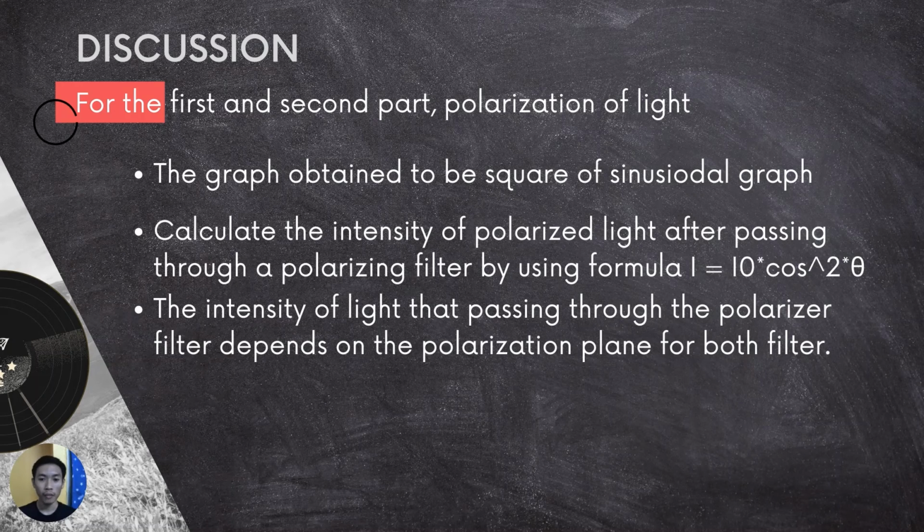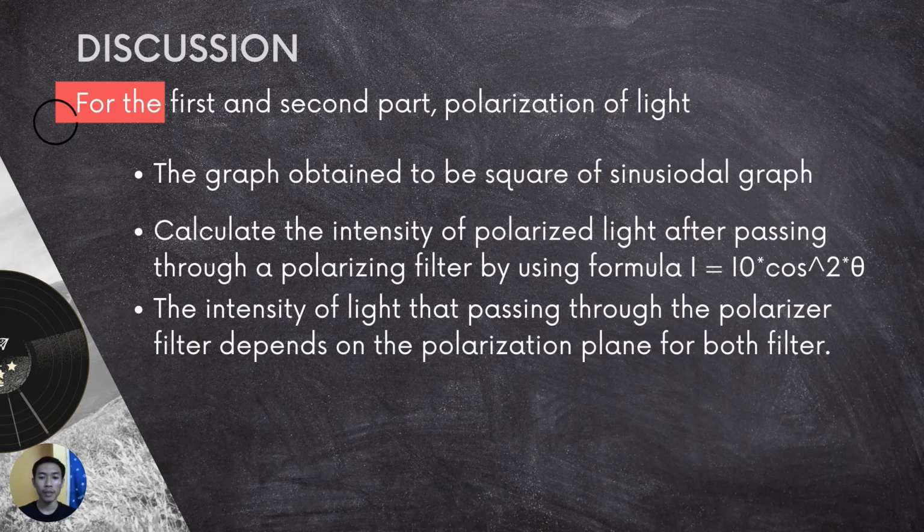From this graph, we can actually calculate the intensity of polarized light after passing through a polarizing filter by using the formula I equals I naught cos squared theta. The reason why the intensity of light passing through the polarizer filter changed as the angle between the two polarizers increased from 0 degrees to 90 degrees was because the polarization planes of both filters were perpendicular to each other.